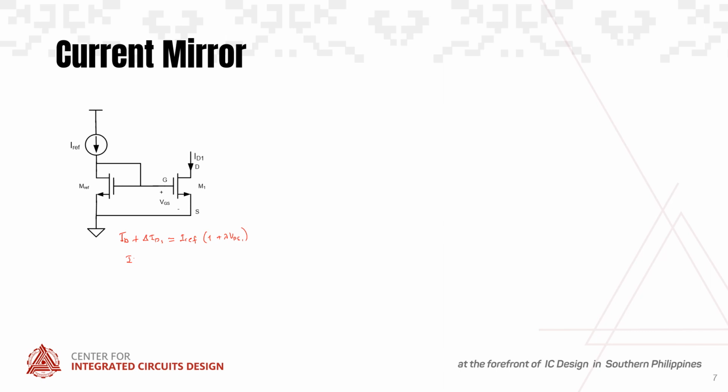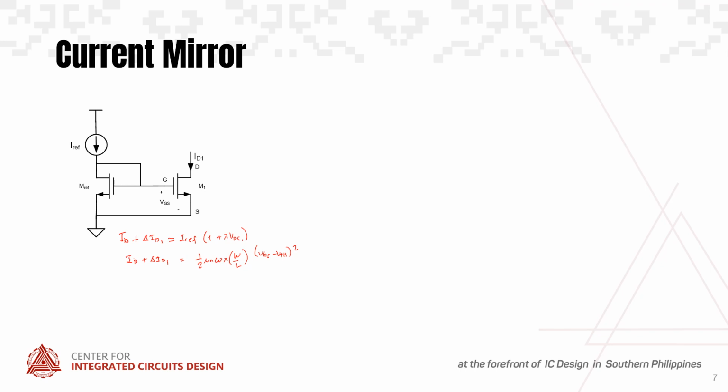If we consider first the drain current at ID1, we can say that ID1 plus change of ID1 is equivalent to 1/2 mu n Cox W/L times VGS minus VTH squared.